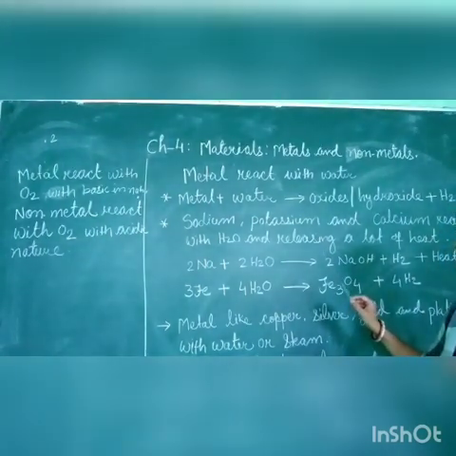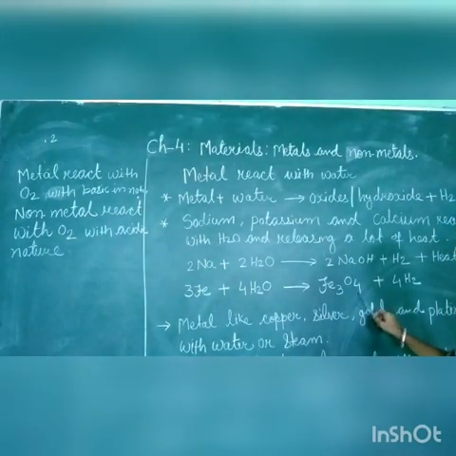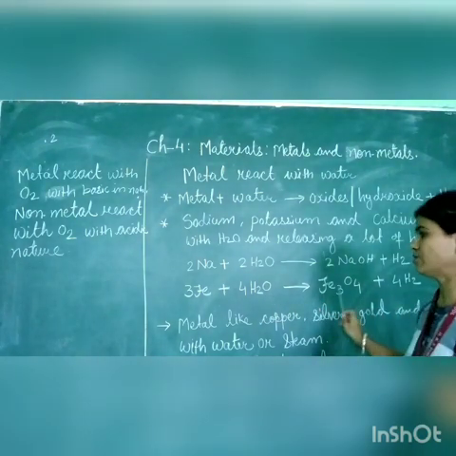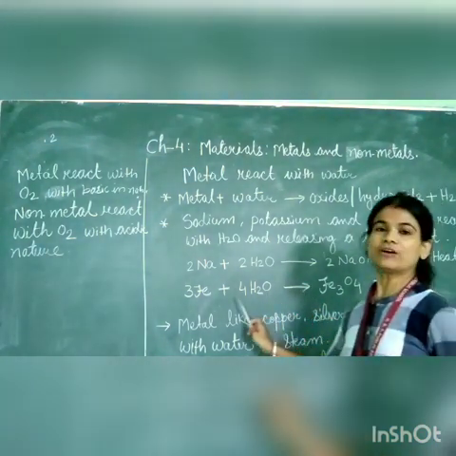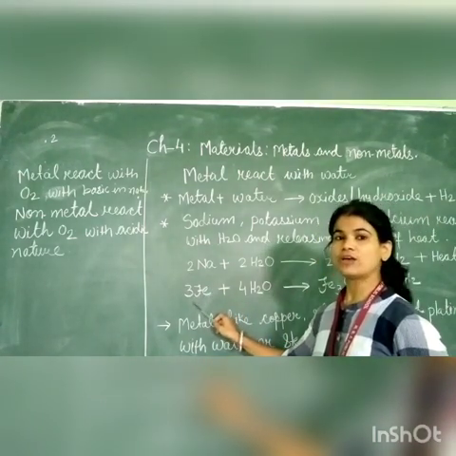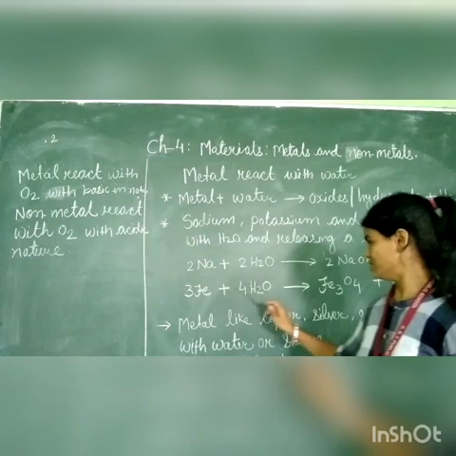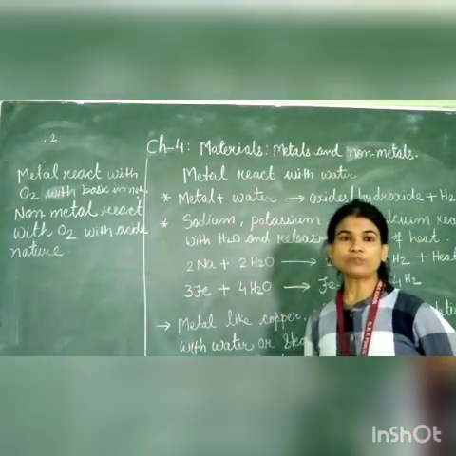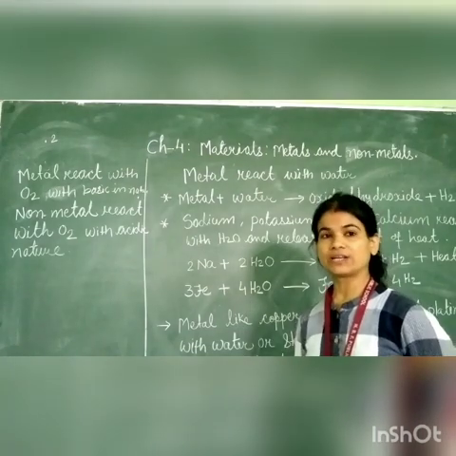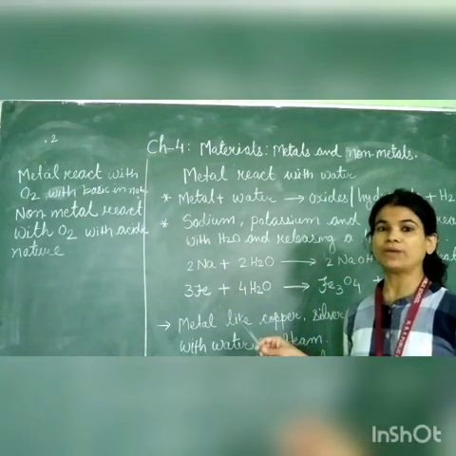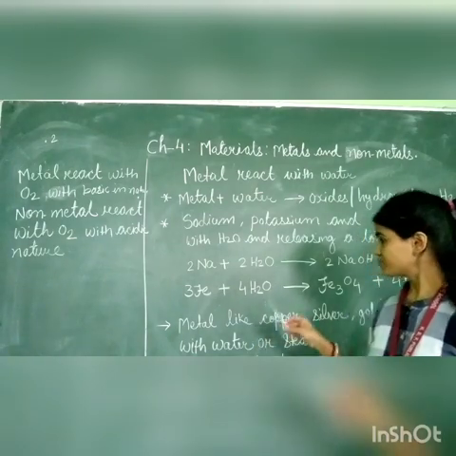When we write ferrous oxide and hydrogen gas, it will not balance the equation. For balancing the equation, we must write the quantity of the molecules also. Balancing of equations you will learn in your next class, because till then you will understand what metals and non-metals are.